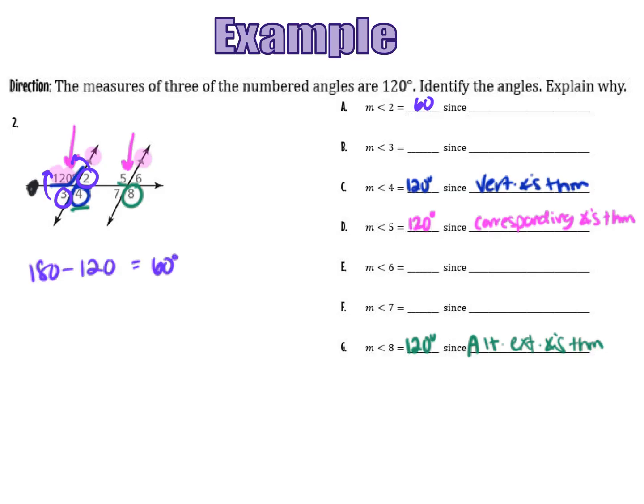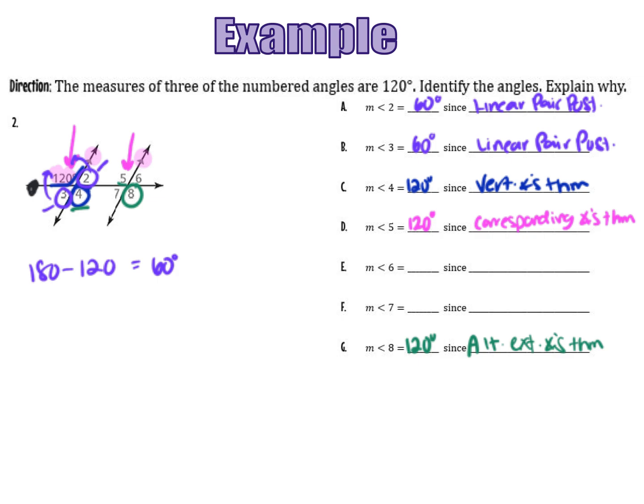So angles 2 and 3 are both 60 degrees, and we can either say that's because of the linear pair postulate, or I could say the linear pair postulate for angle 2 and then vertical angles for angle 3. But I'm just going to write the linear pair postulate twice because that is actually how I was thinking about it. What do we have left?